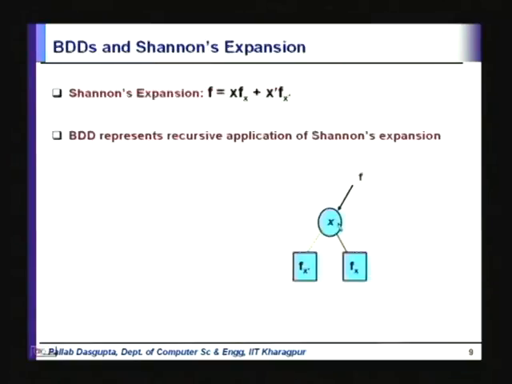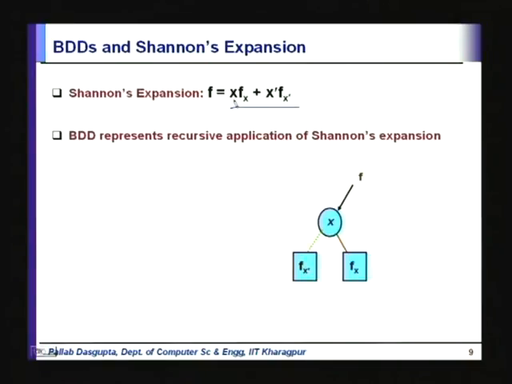Now, what effectively is happening is that given a function f, we are first using a Shannon's expansion of this. What is a Shannon's expansion? If x is a variable in f, then I can decompose f by rewriting it as this, where fx is the function f where x has been substituted by 1 and fx dash is the function where x has been substituted by 0.